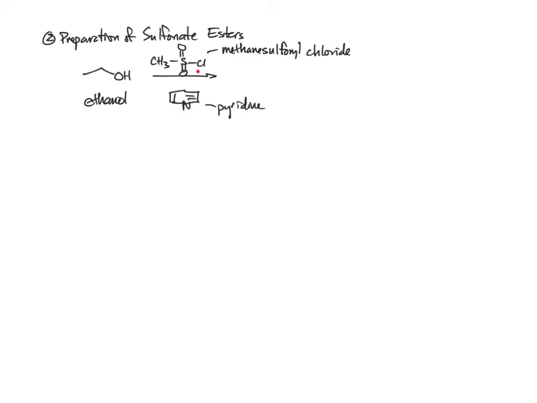So we form HCl that's neutralized by this base. So the product that we're forming is this, and this molecule would be called ethyl methane sulfonate.